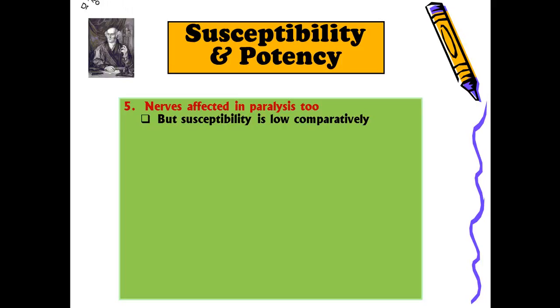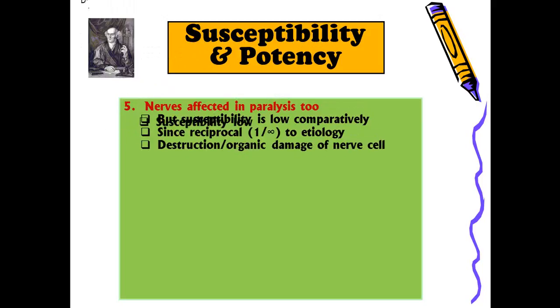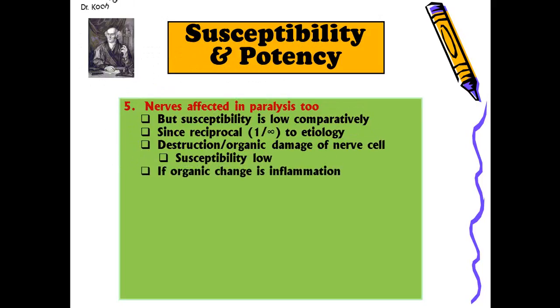Earlier the susceptibility was high, but paralysis is also a disease of nerves, and here it is low susceptibility because it is reciprocal, 1 upon infinity, to etiology. Whatever the cause is, it is reversed to the cause. If there is destruction, then susceptibility becomes low. If there is inflammation, then susceptibility becomes high. So see, nerves are damaged.